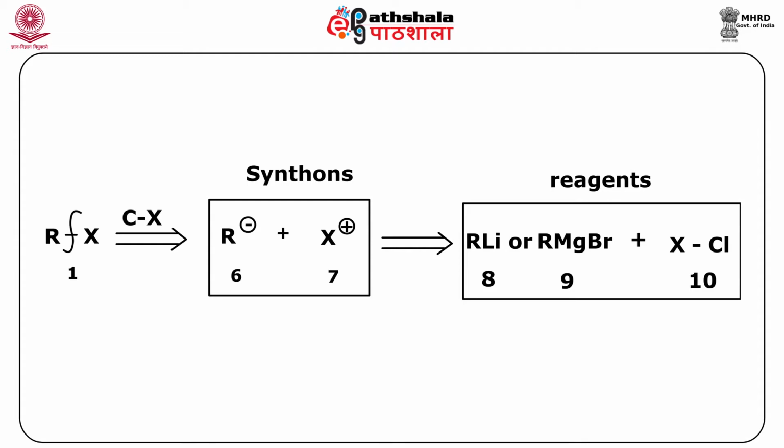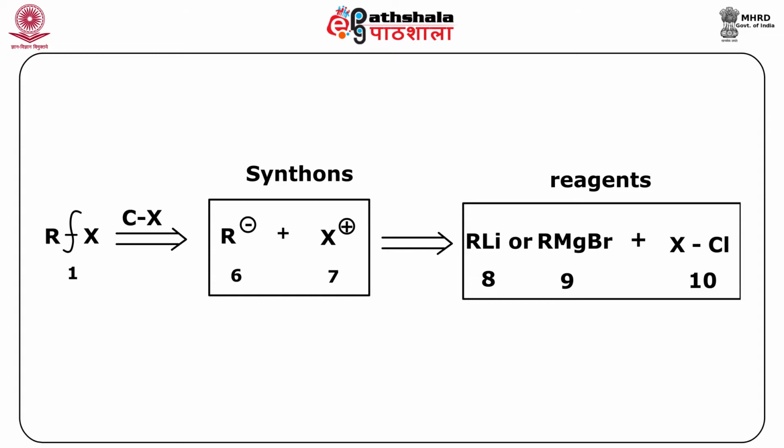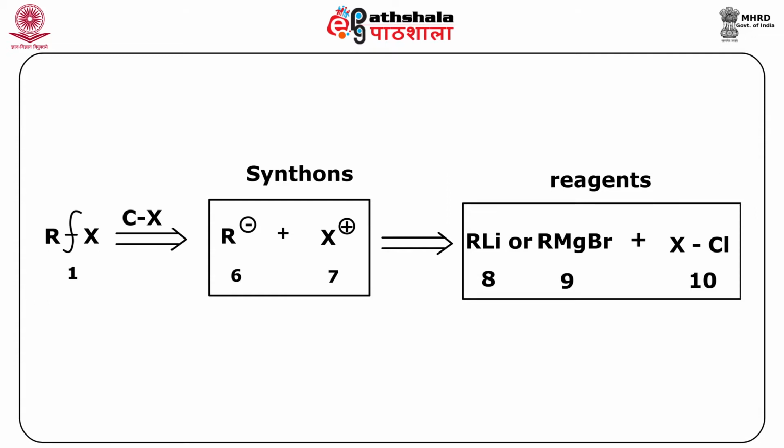These synthons are characterized by organometallic compounds like alkyl lithium or alkyl magnesium bromo compounds, which are also called Grignard reagents, and also compounds such as RSCl, trimethyl selenium chloride and diphenyl phosphorus chloride. Here, as we can see in the figure, the disconnection approach gives the anionic synthon where the reagents can be traced back as alkyl lithiums or Grignard reagent.